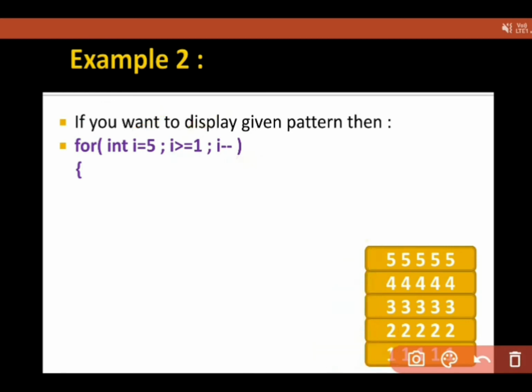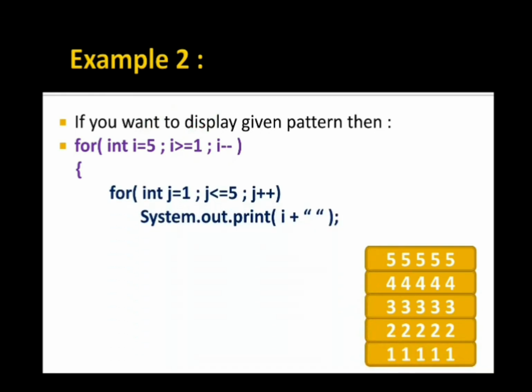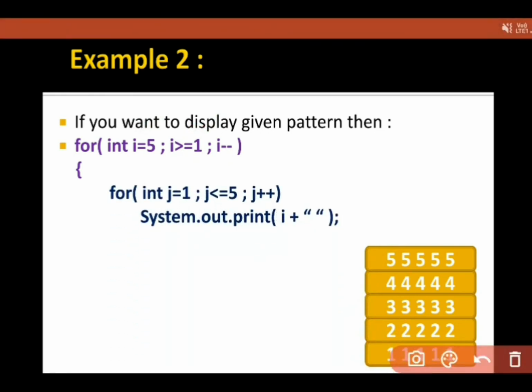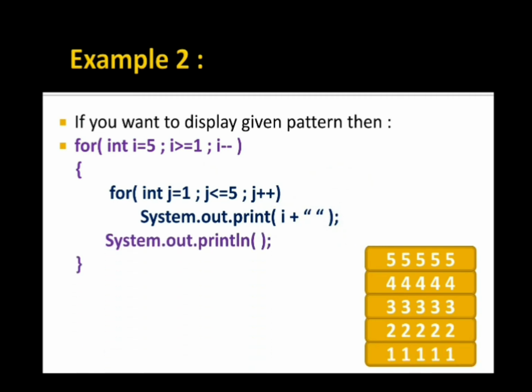That's why I want to decrease it, and I want to display my I, but 5 times I want to display my I with space. And after completing my inner part, I want to change line. That's why I'm using System.out.println. In this way, you can have your patterns. Then I'm moving toward the next pattern.